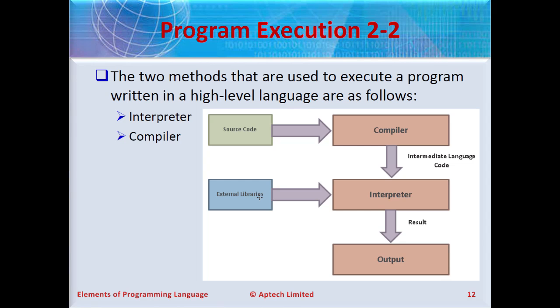We could see this in semester 4, when learning Java EE. We could use something like the Struts framework. Struts framework is not inbuilt in Java. It's something that you add. That is an example of an external library. Okay. Now, compilation, interpretation, then finally we get the result given down here.